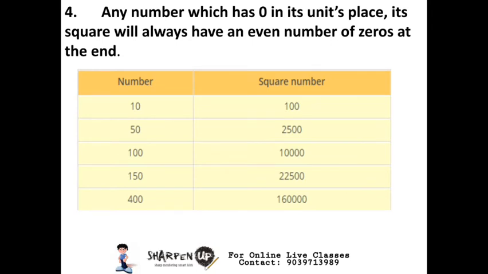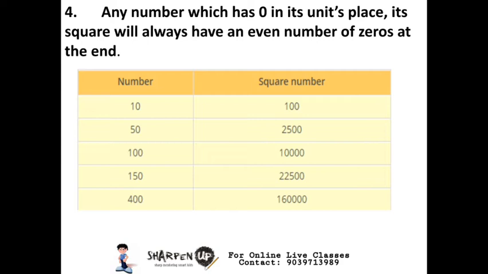Fourth property: any number which has 0 in its unit place will have a square with an even number of zeros at the end. Simply, if a number has some number of zeros, its square will have exactly double that many zeros.